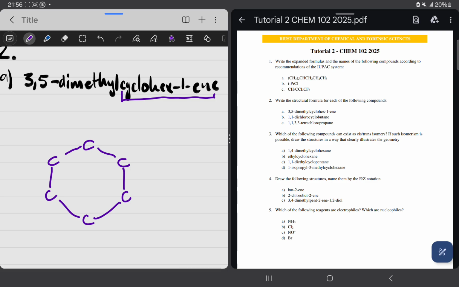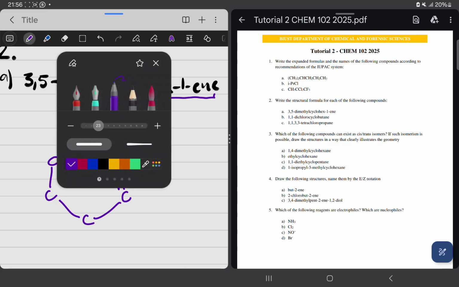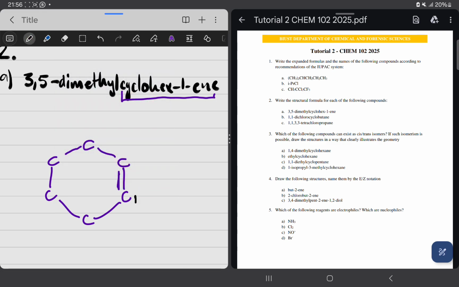This is what our hexene looks like. We put the double bond here, and we'll call this our carbon number 1. Then number 2, number 3, it keeps going. We can number them 1, 2, 3, 4, 5, 6.